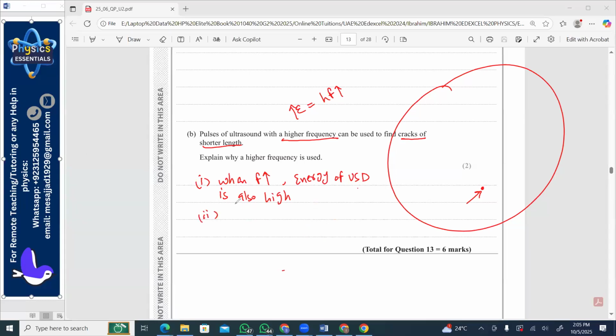So we just write that ultrasound waves will have better or higher resolution, so more likely to find the crack.